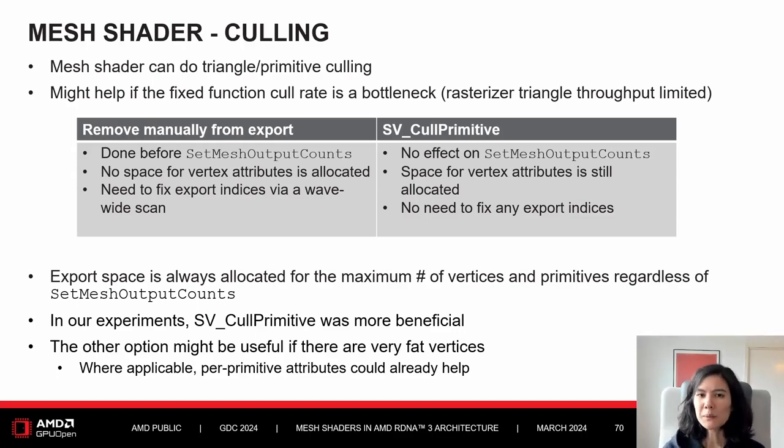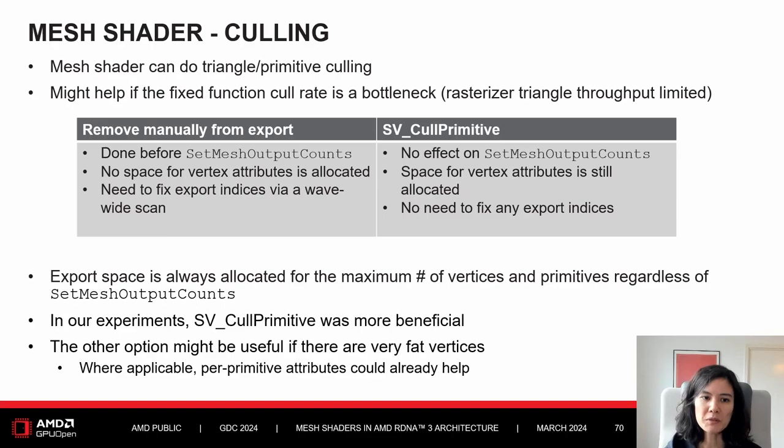So in our experiments, SV_CullPrimitive proved to be more beneficial. This is because in our experiments, we were not limited by the amount of data that needs to get shared between the two stages. So by not having this overhead of fixing the export indices, we saw a better benefit.